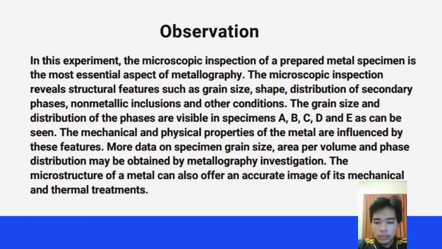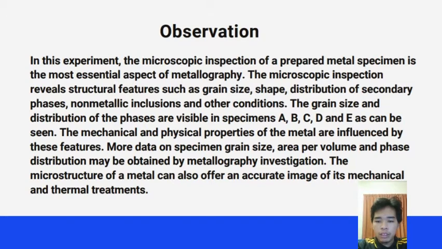For the observation, in this experiment, the microscopic inspection of a prepared metal specimen is the most important aspect of metallography. The micro-inspection reveals structural characteristics like grain size, shape, distribution of the secondary phases, non-metallic inclusion, and other conditions. The grain size and distribution of the phases are visible in all specimens, as can be seen.